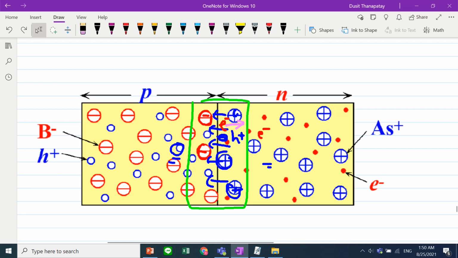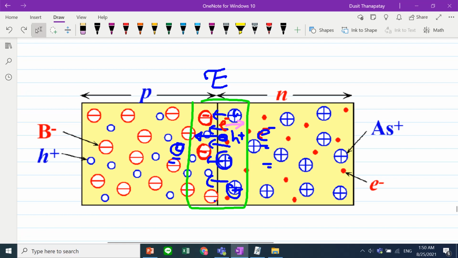Then the electric field will push the hole back. So the internal electric field tries to prevent electrons from moving from the right-hand side to the left-hand side, and to prevent holes from moving from the left-hand side to the right-hand side.